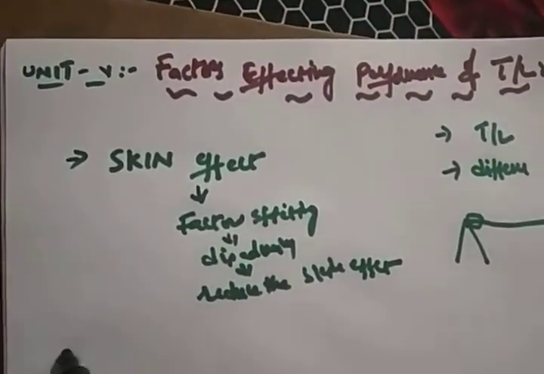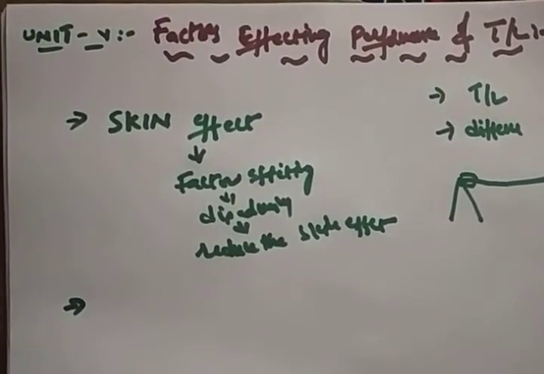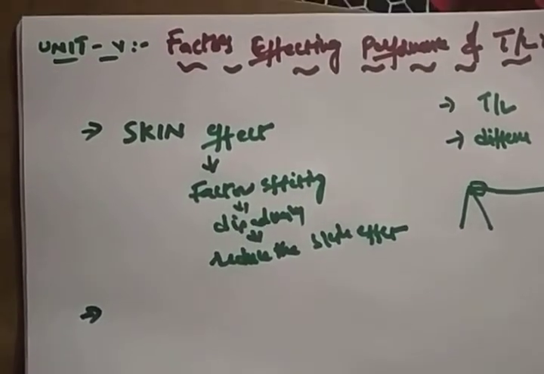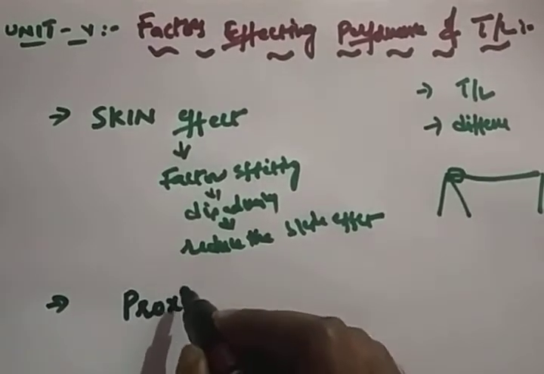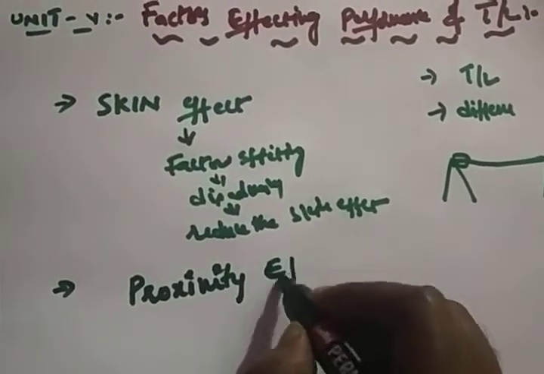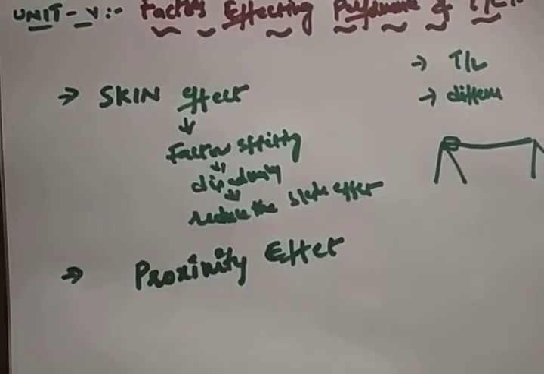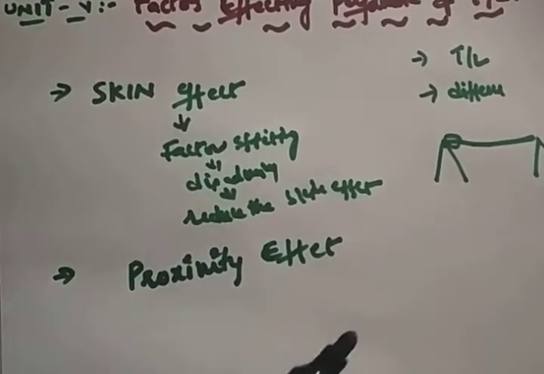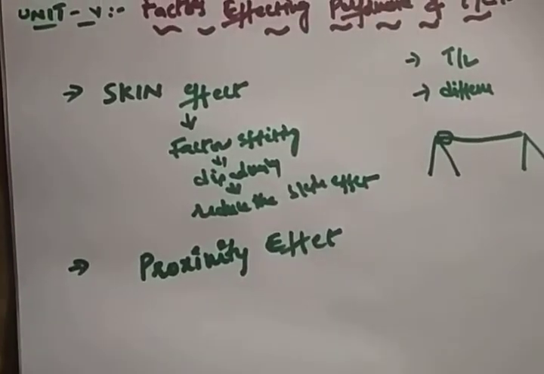The next effect that we consider while transmitting power in a transmission system is called proximity effect. What is proximity effect? What happens if this type of effect is present in the system? What are the losses that you are going to consider?